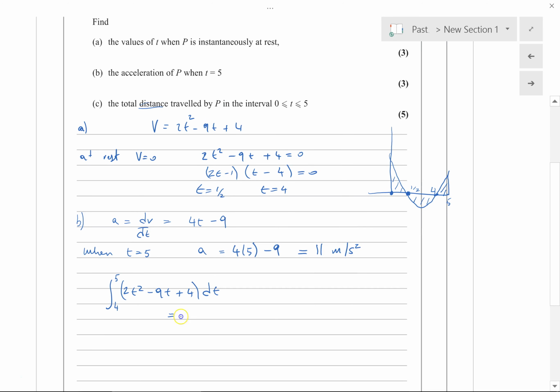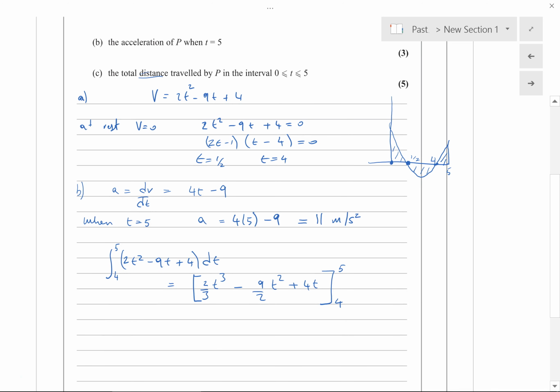Now, I don't really want to spend a long time talking about integration because hopefully we all know what we're doing here. And that's between 5 and 4.